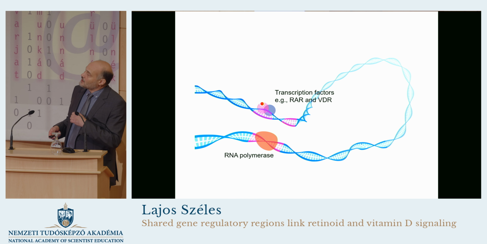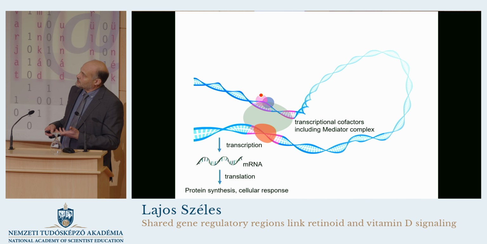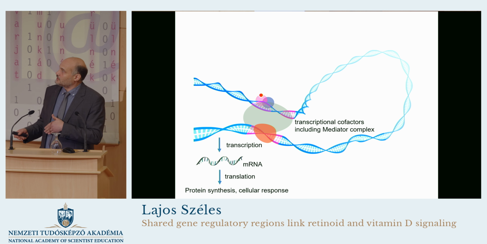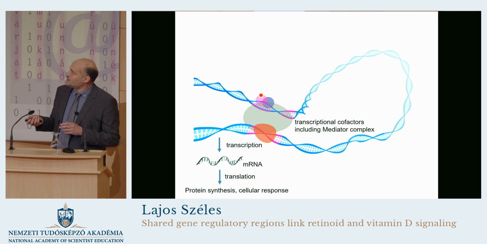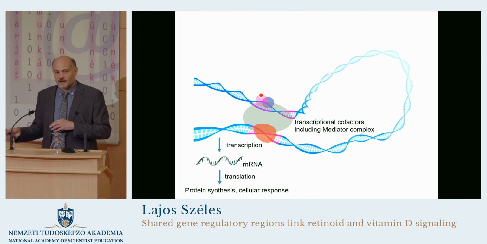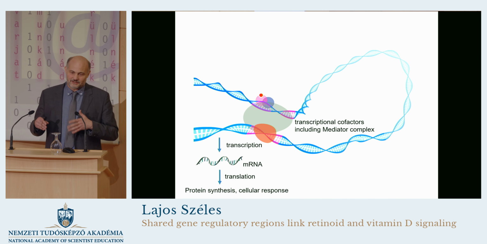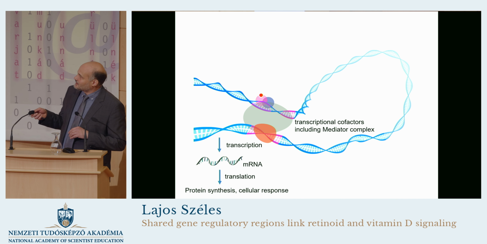What happens upon ligand binding? These transcription factors, retinoic acid receptor and vitamin D receptor, start to recruit other proteins called transcriptional cofactors, including the mediator complex, but also many other factors. They initiate the transcription by modifying the activity of RNA polymerase and so on. I won't go into details.